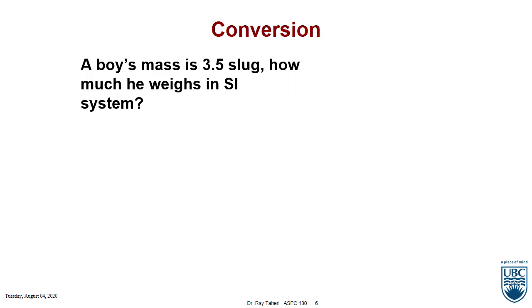The question is asking, if a boy weighs 3.5 slugs, what is the weight of the boy in SI system? There are 2 ways to solve this problem. Method 1, go step by step using the most fundamental law correlating those 4 quantities, which is Newton's second law, F equals ma.